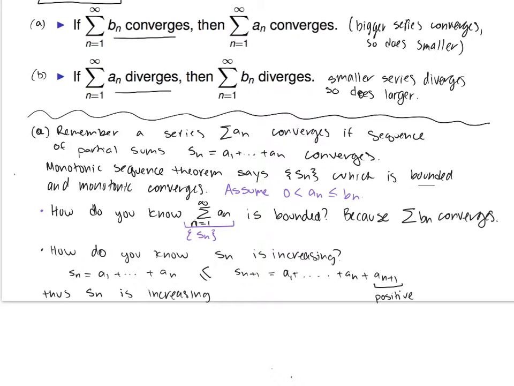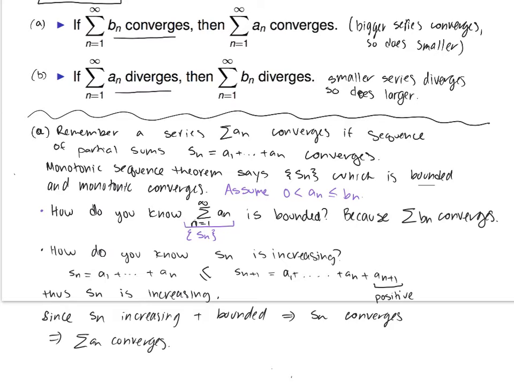If it is not increasing, you can't make the conclusion we're going to make. So since S sub n is increasing plus bounded, that implies your sequence of partial sums S sub n converges, which implies your sum converges.